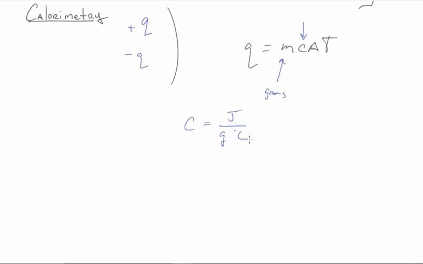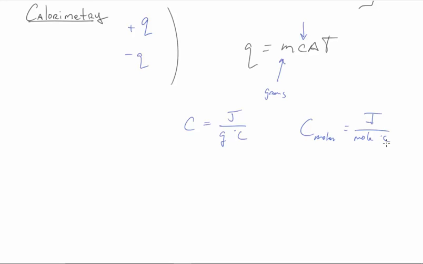So my normal specific heat capacity units are joules per gram degree Celsius. I also have a molar heat capacity. In this case, it's still the amount of energy, but instead of grams I've got moles, and it's to raise 1 mole of substance 1 degree Celsius. So the difference between specific heat capacity and molar heat capacity is really just a units problem.